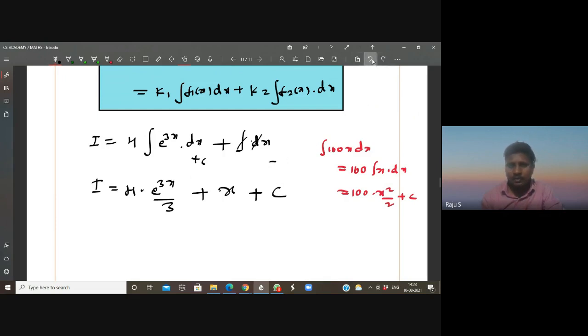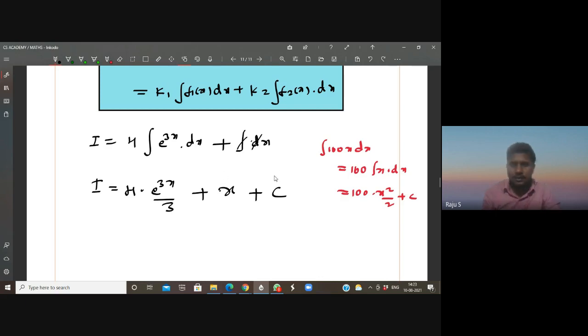It is not necessary, students. The integration may have 10 functions, 100 functions, 1000 functions, but you should write plus c only once. Plus c is enough. No need to write plus c1, c2 like that. For each integration it is not required to write plus c; just write only one c.